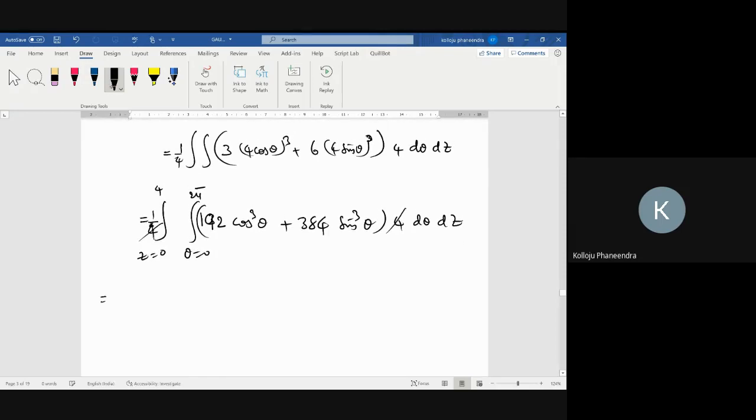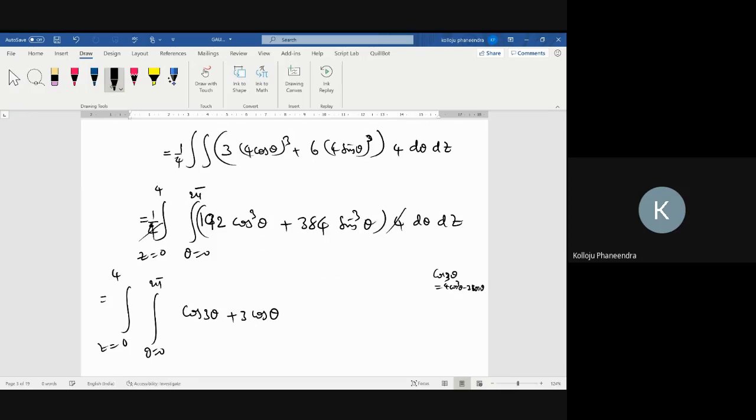Now express everything in terms of 3 theta. Theta from 0 to 2 pi. Cos cube theta in terms of 3 theta becomes cos 3 theta plus 3 cos theta, divided by 4. Is it correct? What is cos 3 theta? The formula is 4 cos cube theta minus 3 cos theta.